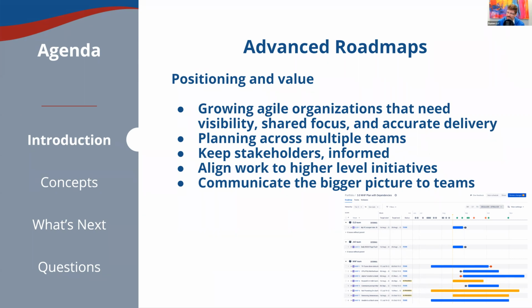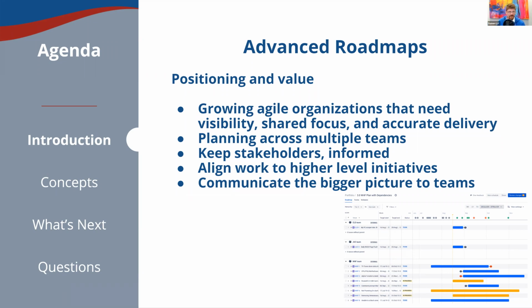Specifically, it is for growing Agile organizations that need visibility, shared focus, and accurate delivery. It allows planning visibility across multiple teams. Because of that visibility, you can keep your stakeholders informed through roadmaps that are always updated based on the data in Jira. It also allows you to align work to higher level initiatives.